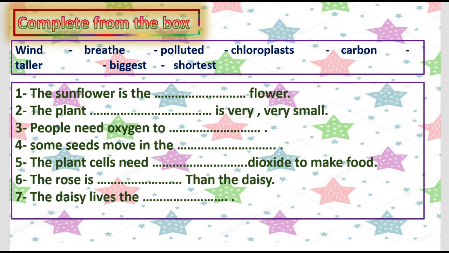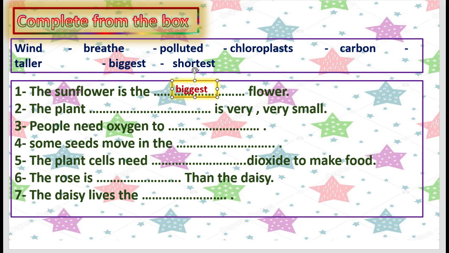Question number 1. The sunflower is the flower. Biggest. Number 2. The plant is very, very small.